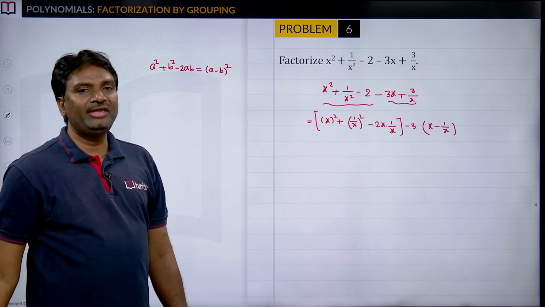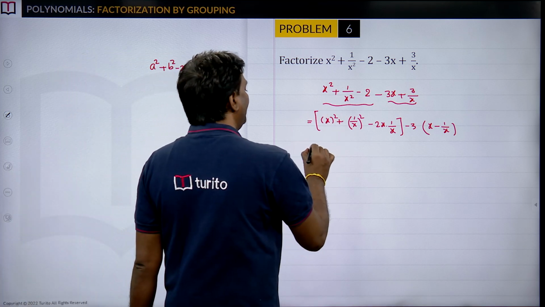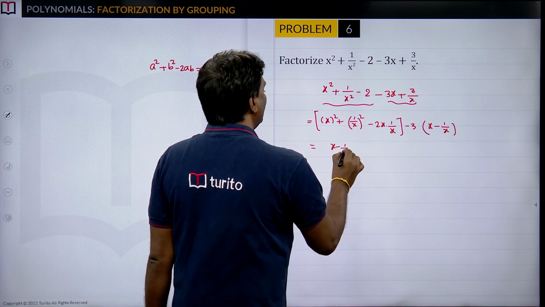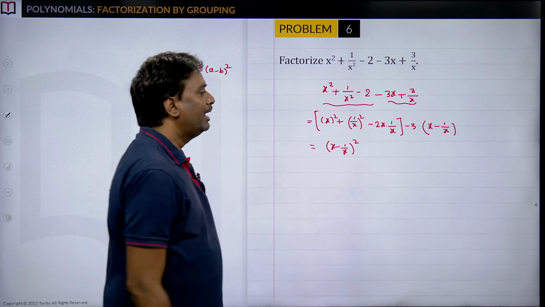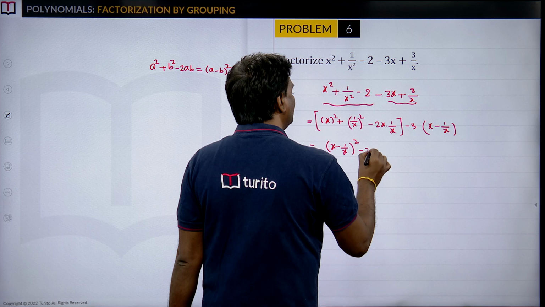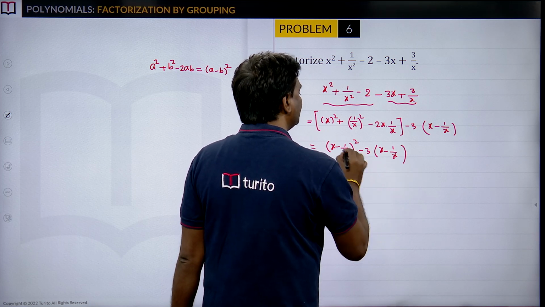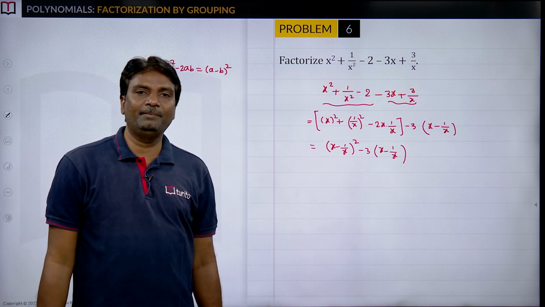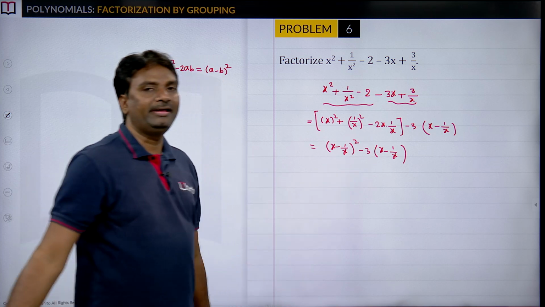Here in place of a we have x, in place of b we have 1 by x. So, that is why we can write a minus b, x minus 1 by x whole square, minus 3 into x minus 1 by x, where x minus 1 by x whole square means x minus 1 by x into x minus 1 by x.